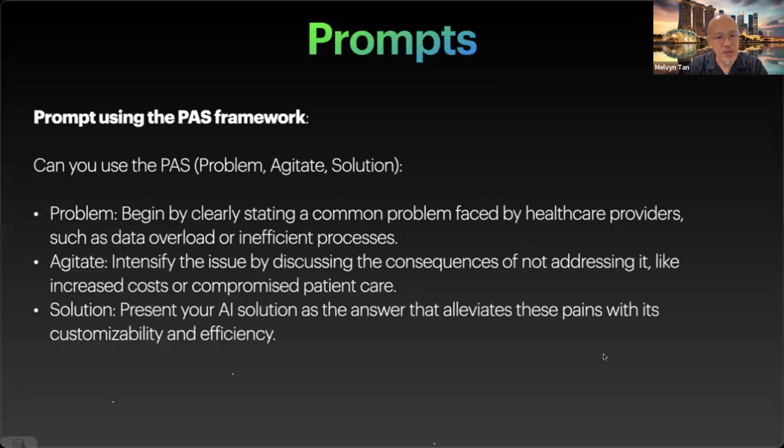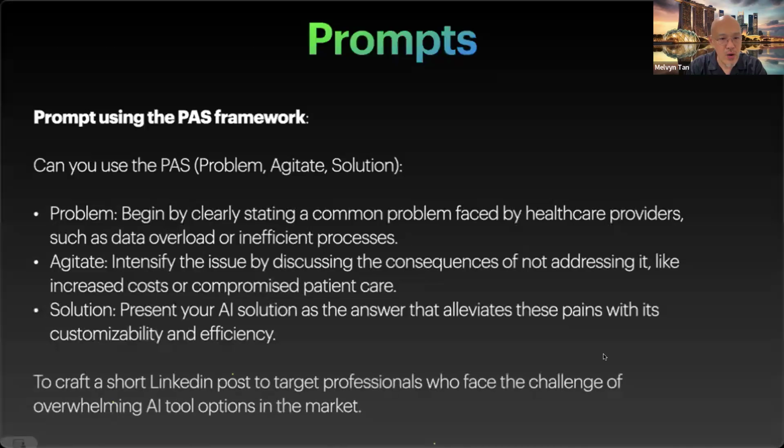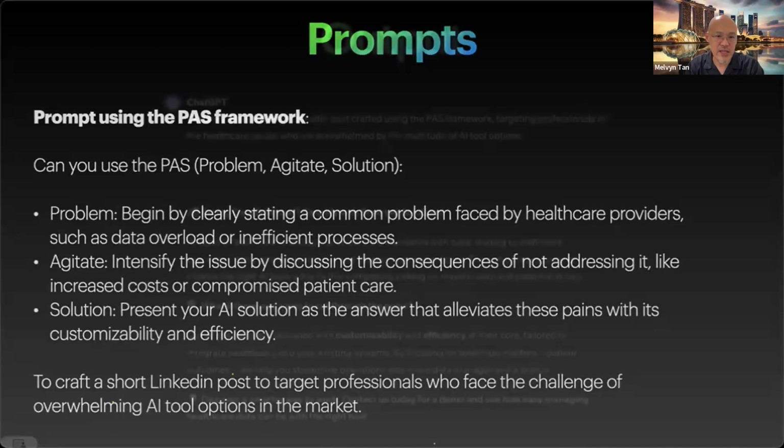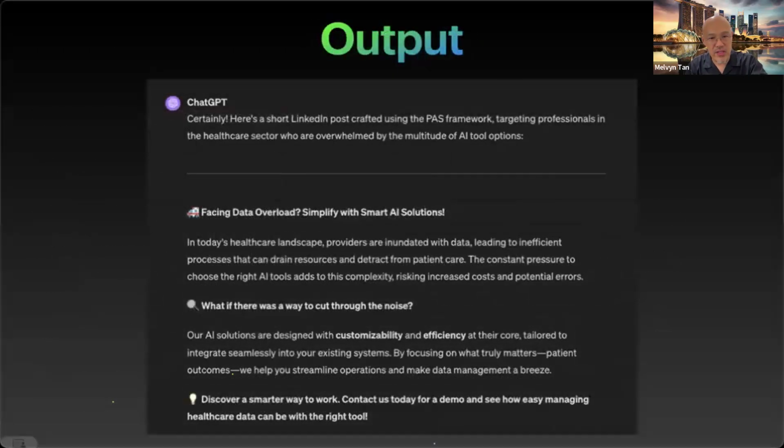Okay, so this is something that you can do with regards to prompt. You can say, can you use this framework and then craft a short LinkedIn post to target professionals who face the challenge of overwhelming AI tool options in the market itself. And this is what ChatGPT comes out with, using the PAS framework.